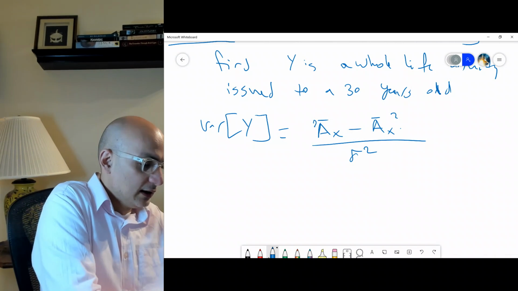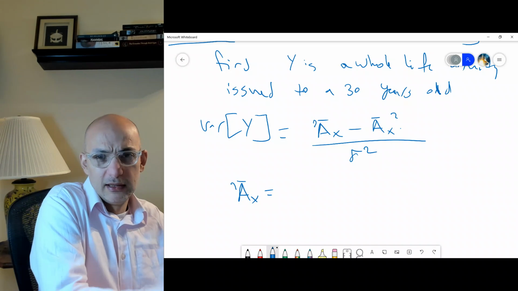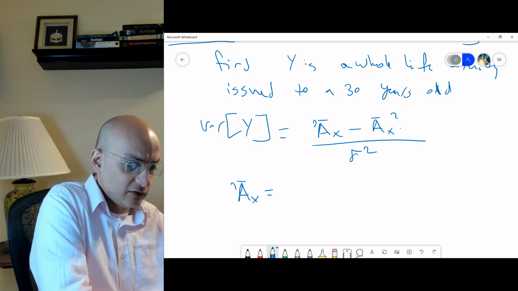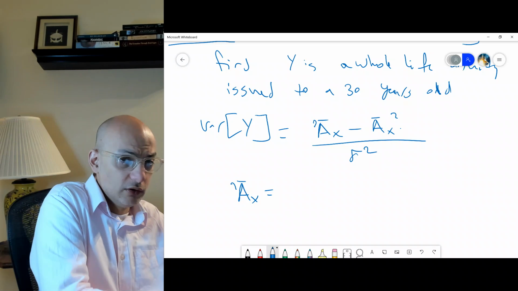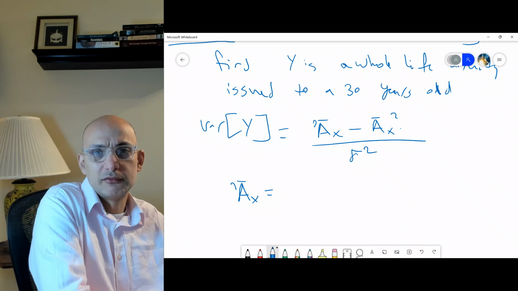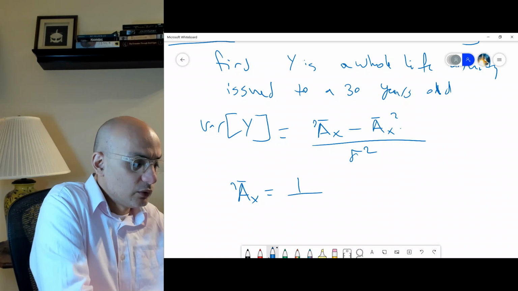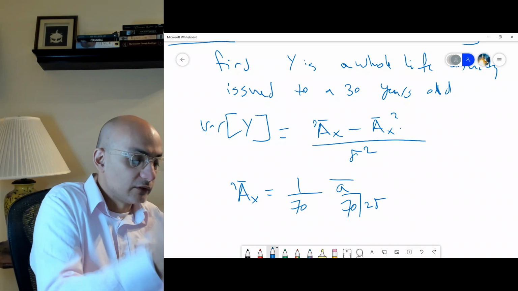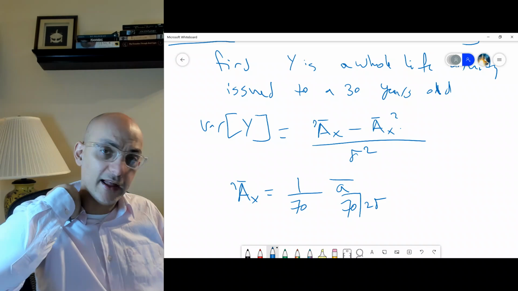We have delta. But 2Ax for uniform distribution is the same as the expected value, but at 2 delta. So if you go back to your notes from the previous session, this will be 1 over 70, A 70, but at 2 delta. So everything is the same, but at 2 delta.